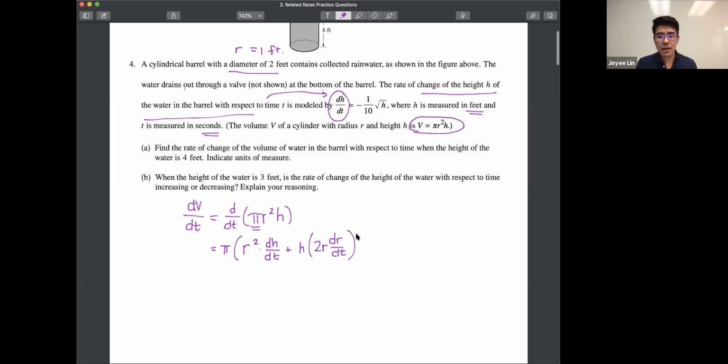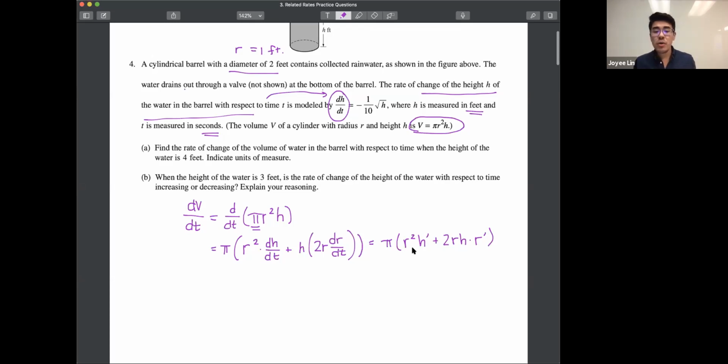And if you want to write something like this, you could also type it out as pi times r squared h prime, plus 2r h times r prime. Maybe that'd be a way you could write this.